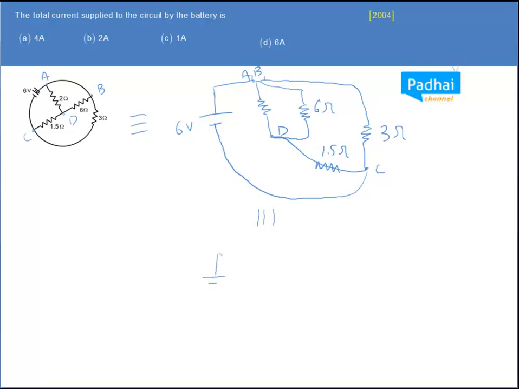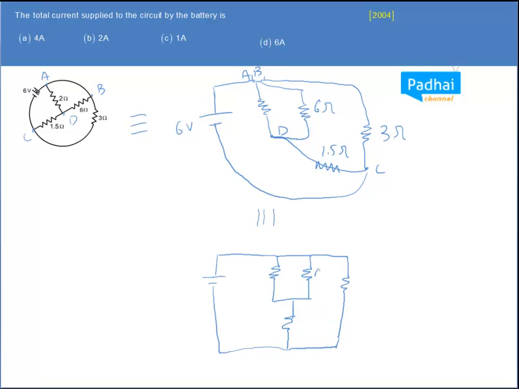We can see this easily, that one resistance is this, one resistance is this, and one resistance is basically this, right?